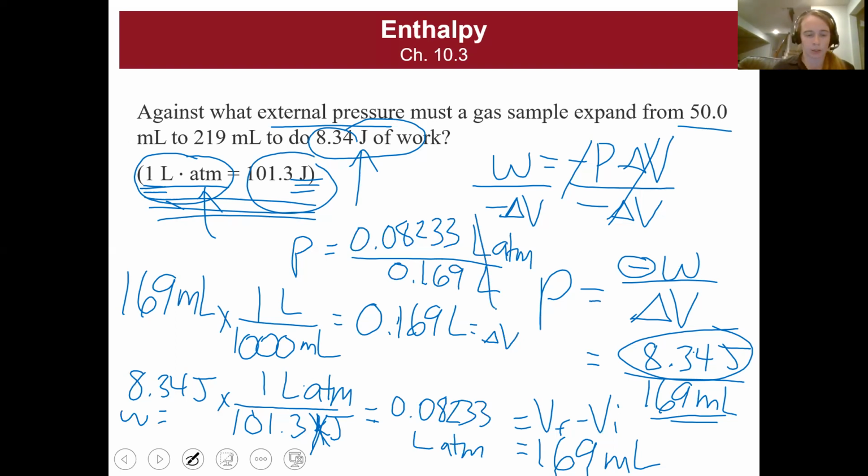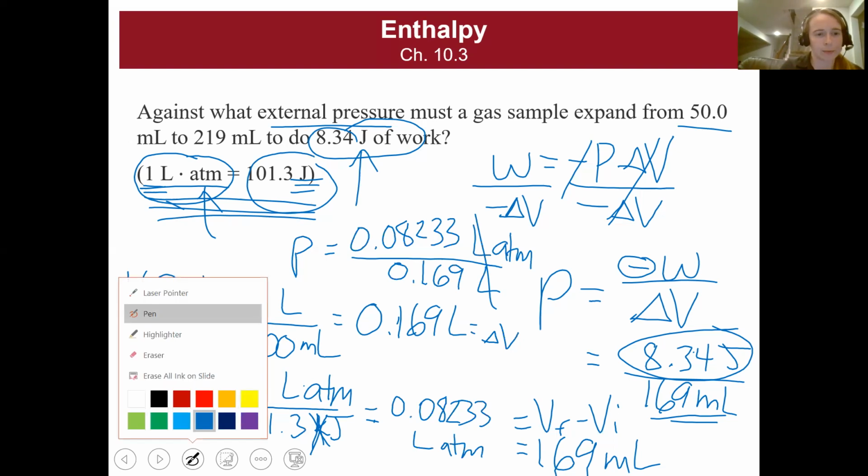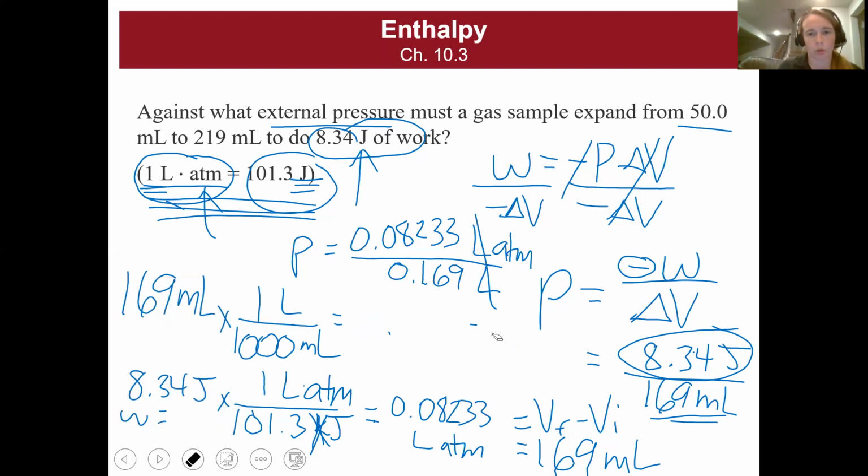And our answer is going to be 0.487 atmospheres.